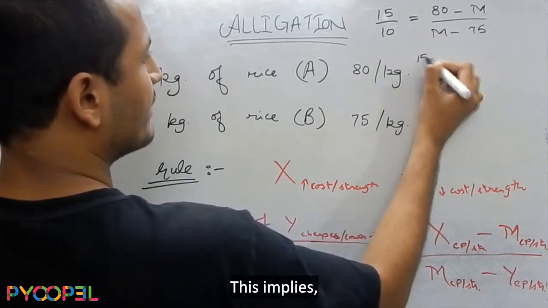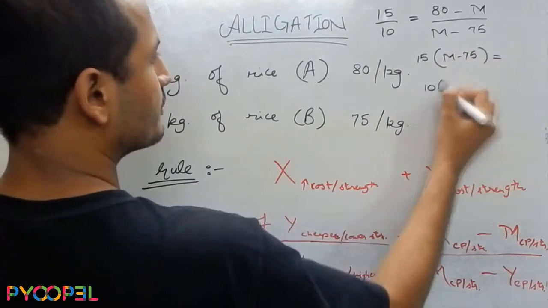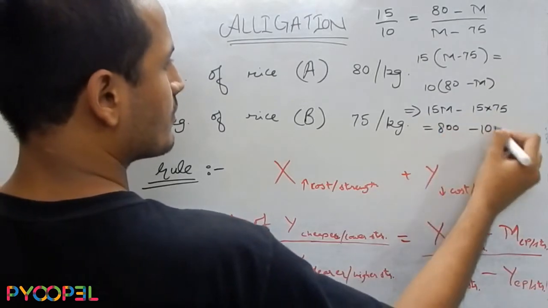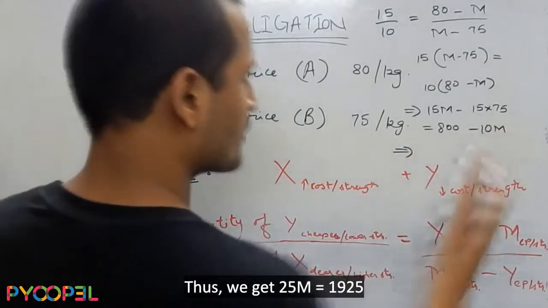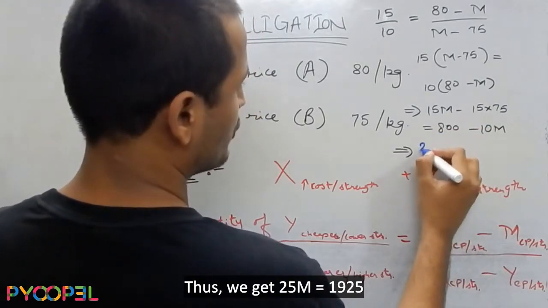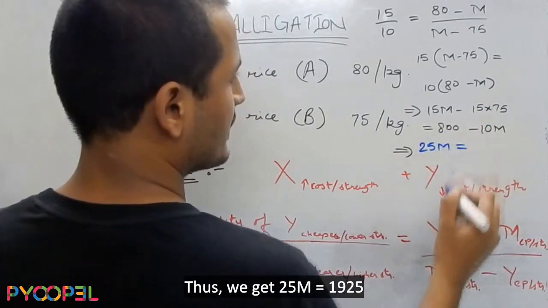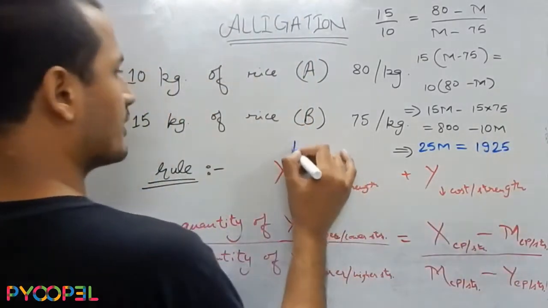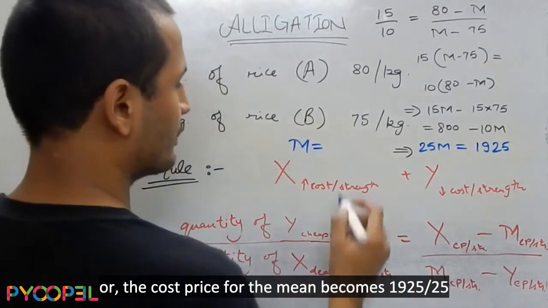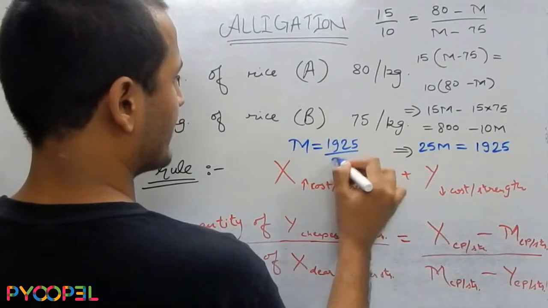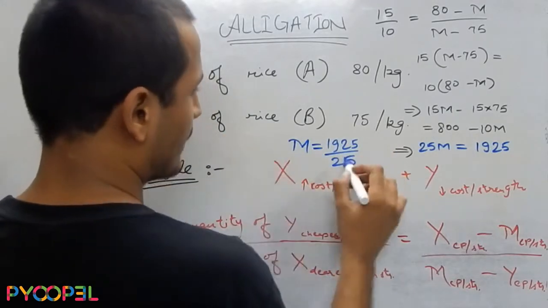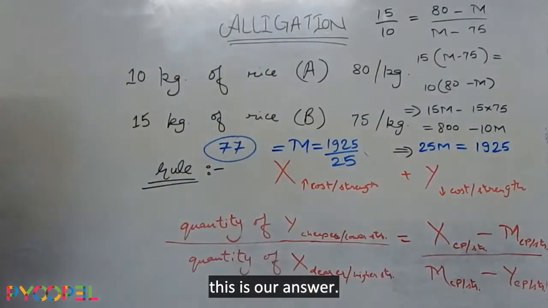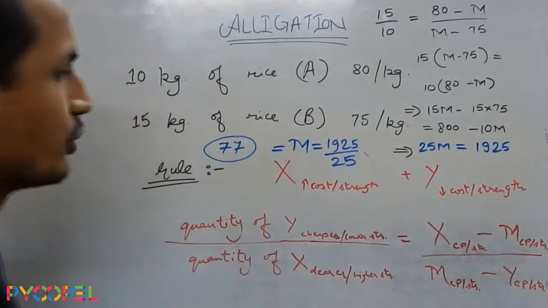This implies 15 times... we exchange the two, we get 25m is equal to 1925, so the mean, the cost price for the mixture becomes 1925 divided by 25, which is equal to this, our answer. Now we used the formula to calculate it.